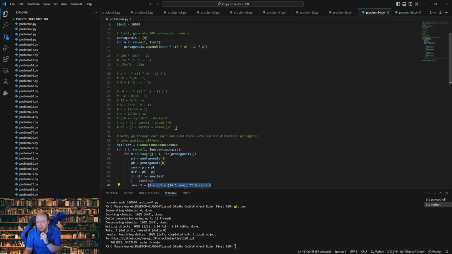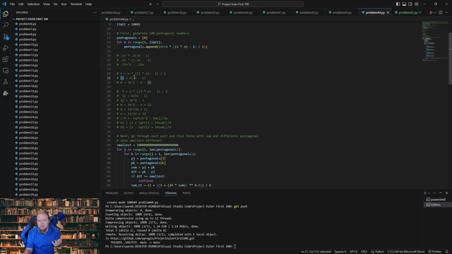Hold on, where did I put my good notes? This, because whatever x is, which is the resulting pentagonal number, equals this. So if we have x, we're trying to solve for n.